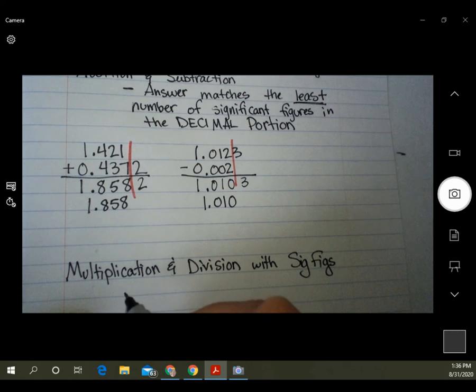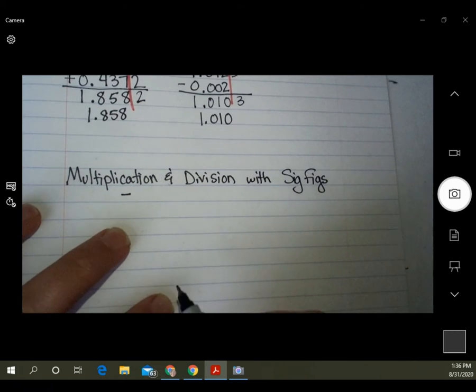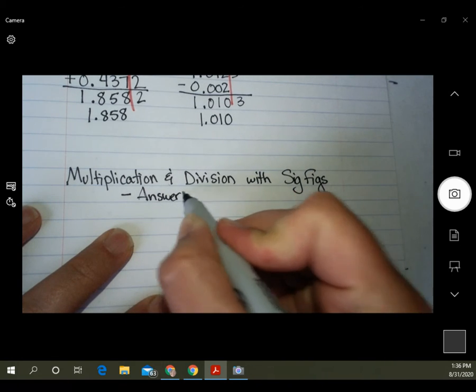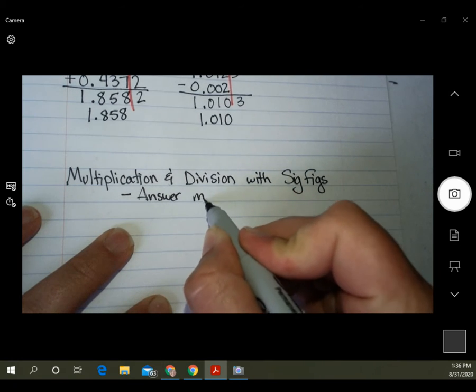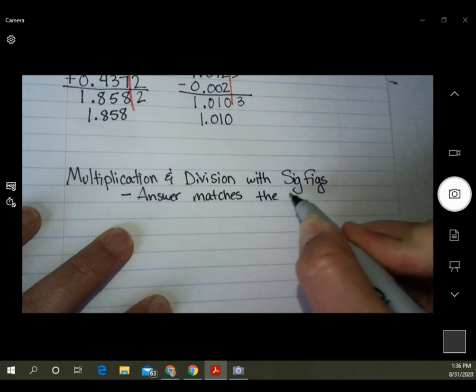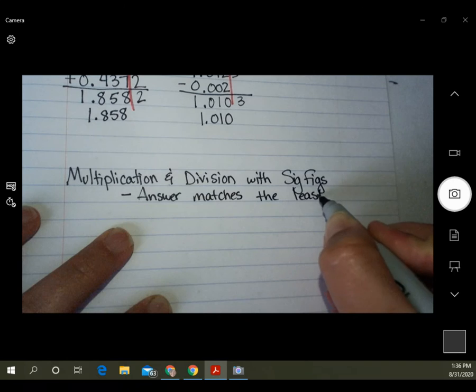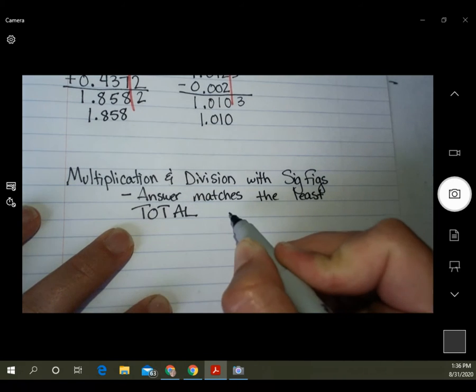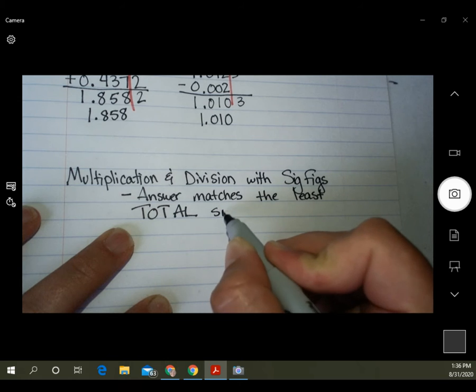Okay. So multiplication and division, the rule is your answer matches the least total significant figures.